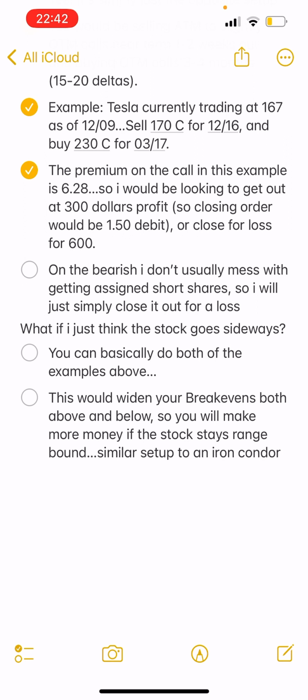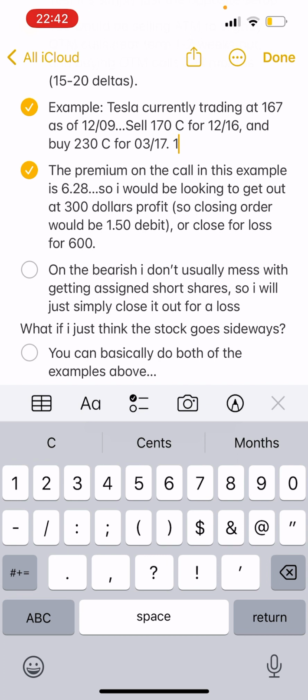Okay. The exit strategy premium on the short call is about $6 or 6.28. So I'd be looking to get out at about $300 profit. Okay. So closing order would be 150 debit, if the credit you received in the example above, I think this was for a 150 credit.